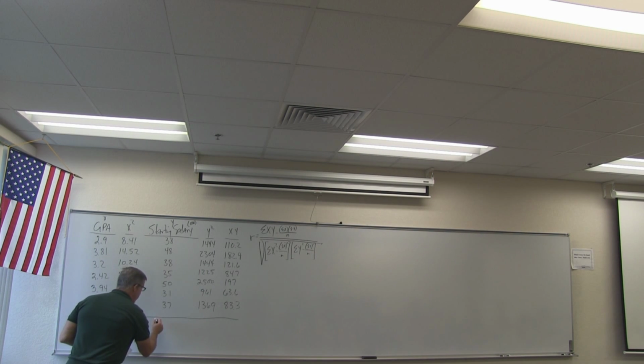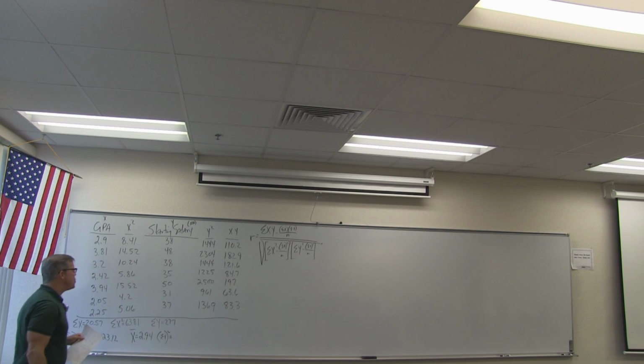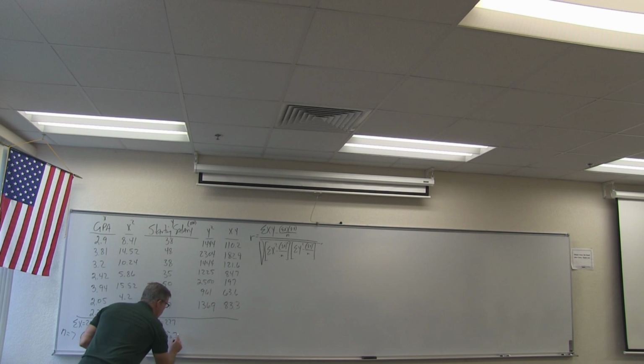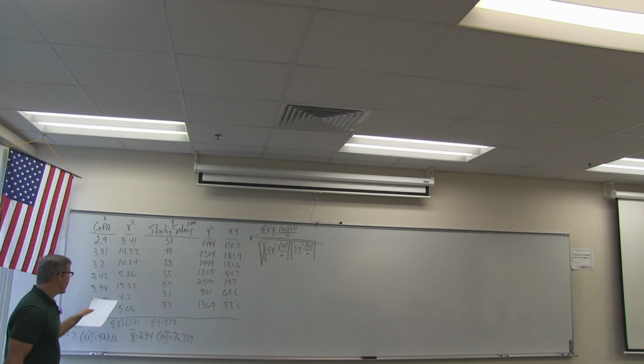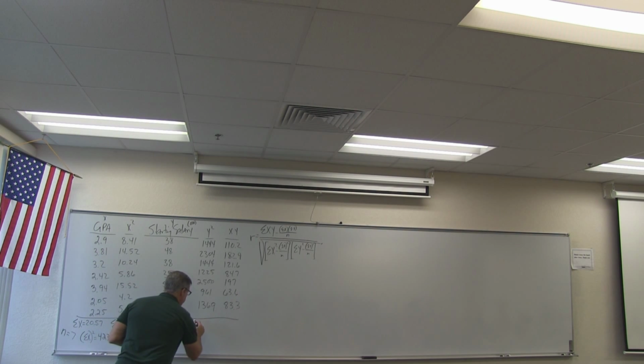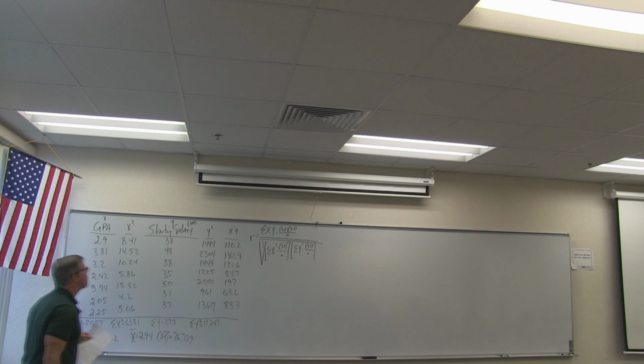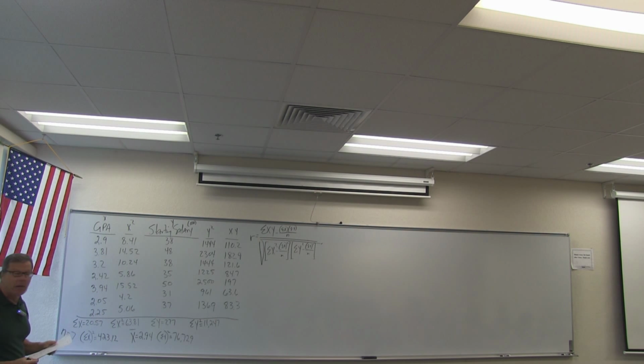Sum y, 277. And we take that number and create the sum y quantity squared, 277 squared, 76729. Sum y squared, 11247. And we're going to take a mean of y. We'll use that, of course, to compute a.